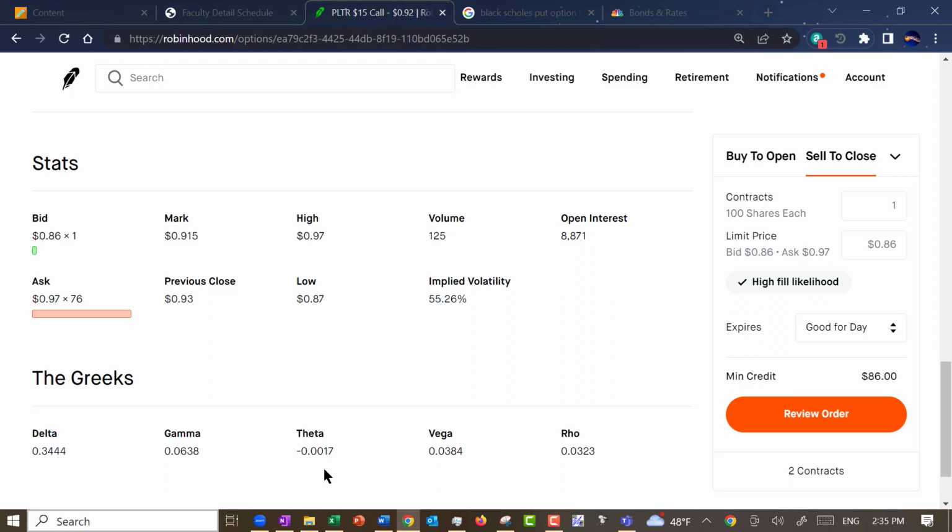If nothing else changes, tomorrow that option is going to trade at 87 or 86. Options by their nature are decaying instruments, especially out of the money options. As they get closer and closer to maturity, if they stay out of the money, the chances of finishing in the money get less, which means nobody's going to pay you that much.